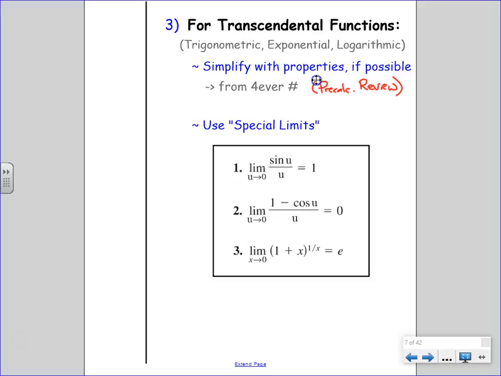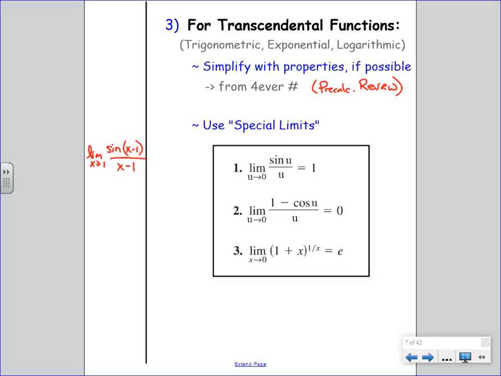Question. Why do I have to use u? Because it's like the argument. So if you let u equal x minus 1, or x minus 1 quantity squared. Why does this fit? Because I have a sine of u over u, and what's u approaching? x minus 1 approaching 0, that's x approaching 1.